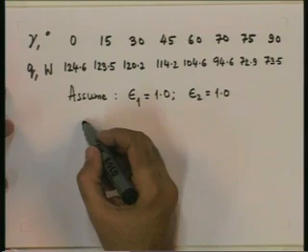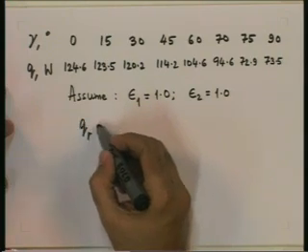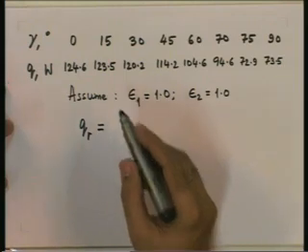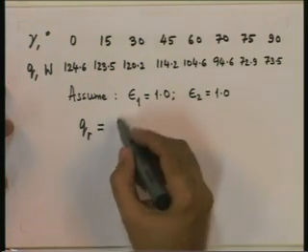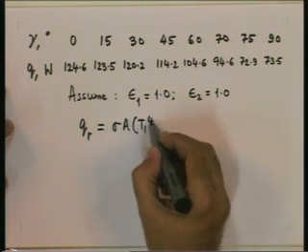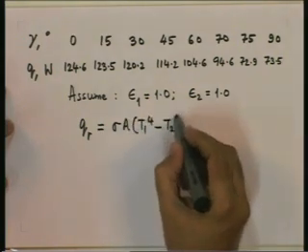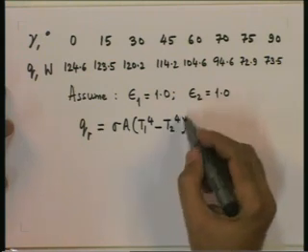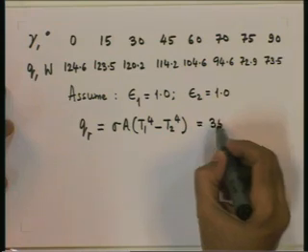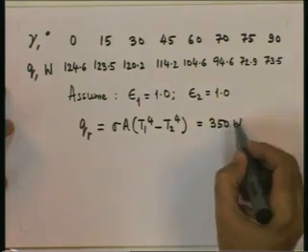So assuming this, our heat loss from the absorber plate to the glass surface by radiation turns out to be sigma A (T1 raised to 4 minus T2 raised to 4), and this turns out to be 350 watt.